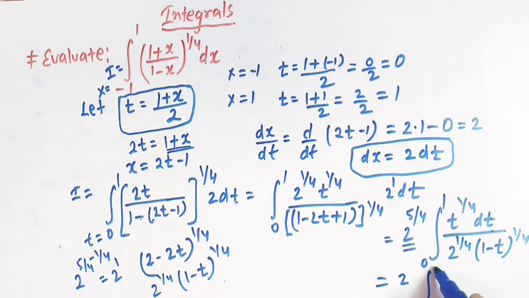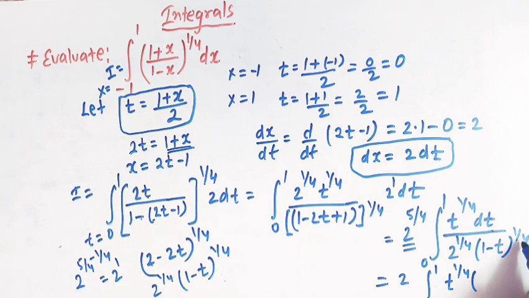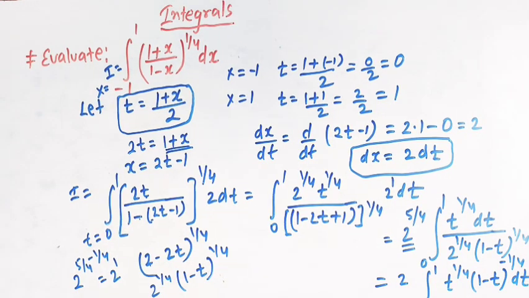Then we have t raised to 1 by 4, and here we have (1 minus t) raised to 1 by 4. Taking (1 minus t) raised to 1 by 4 to the numerator, we have (1 minus t) raised to minus 1 over 4, and here we have dt, right?